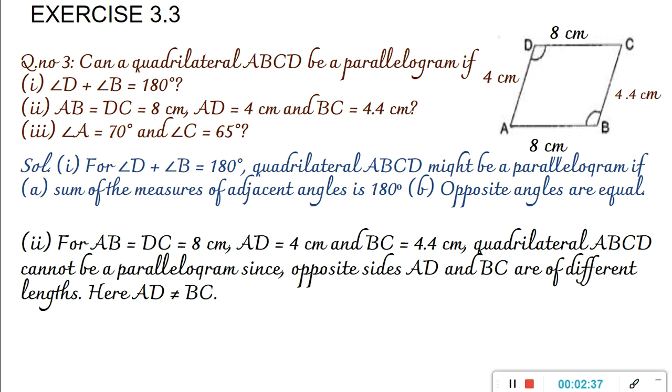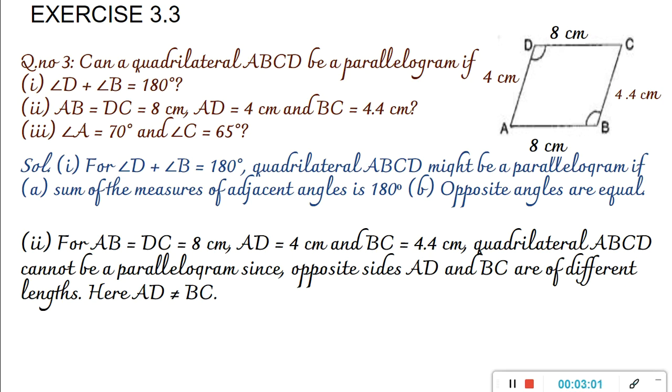Here it is given opposite sides are not equal, but in a parallelogram, opposite sides are always equal. So how to write? Quadrilateral ABCD cannot be a parallelogram since opposite sides AD and BC are of different lengths, isn't it? So here AD is not equal to BC. So that is why it is not a parallelogram.